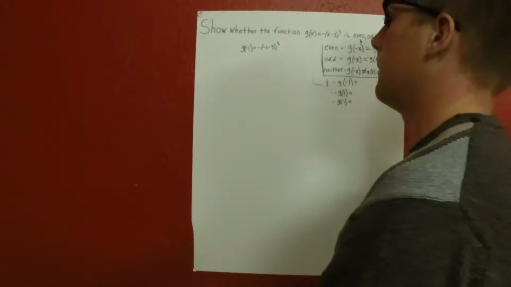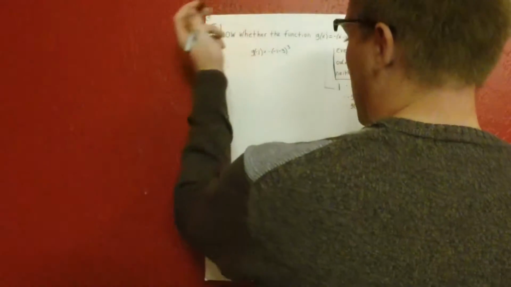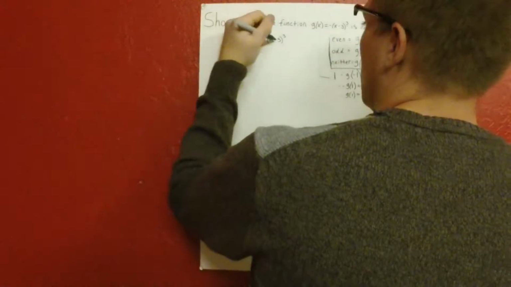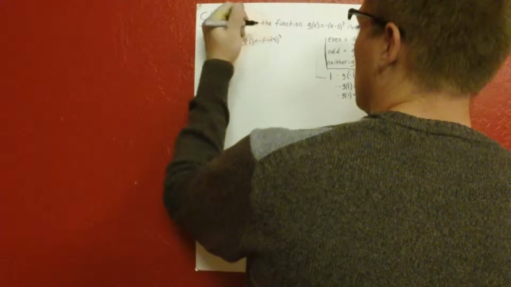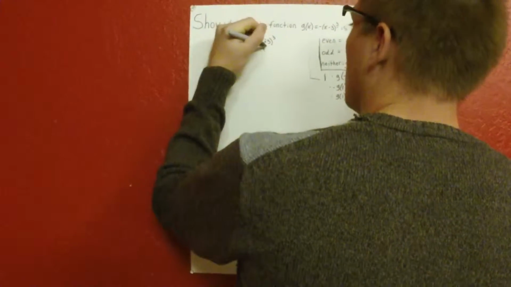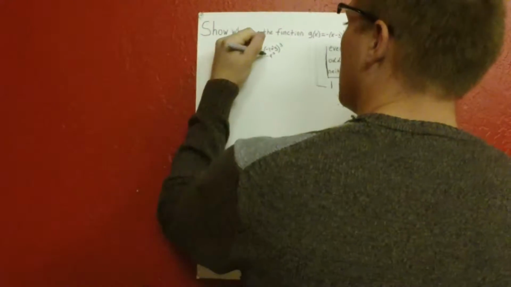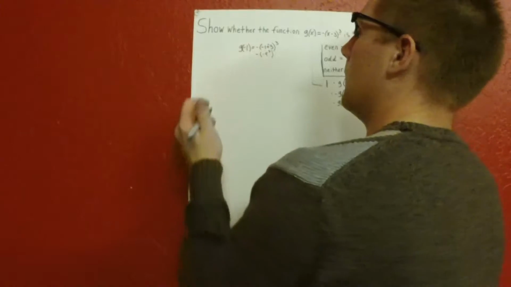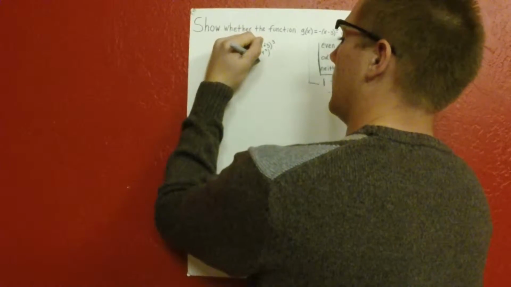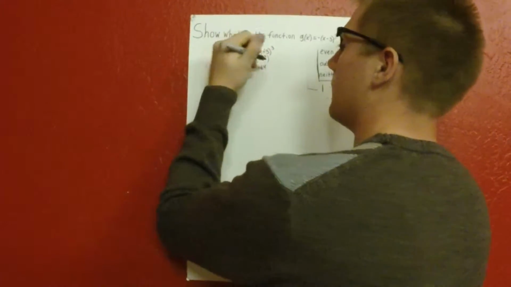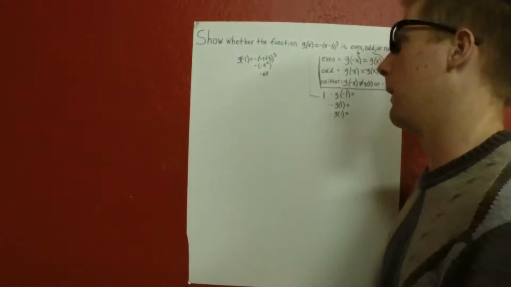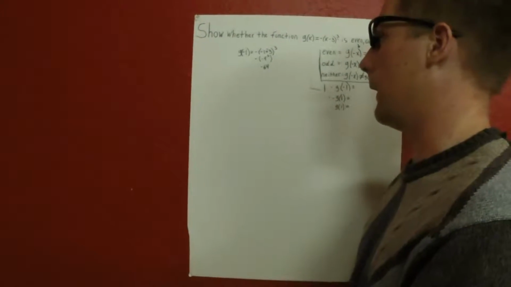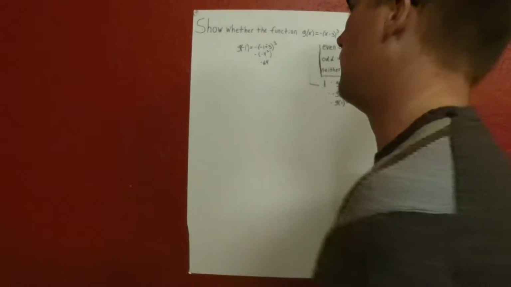Now, solving this is simple algebra. We plug in negative 1, which we did, and we just solve the parentheses. That gives us negative 4 cubed, with the negative on the outside. This is going to give us negative 64, because 4 to the third power is 4 times 4 times 4, and that's a negative, so negative 64.